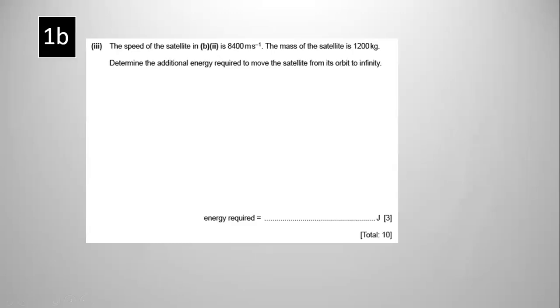Speed of satellite is given. Mass of satellite is given also. Determine the additional energy required to move the satellite from its orbit to infinity. Right? There's the orbital radius. There's the mass of the planet.